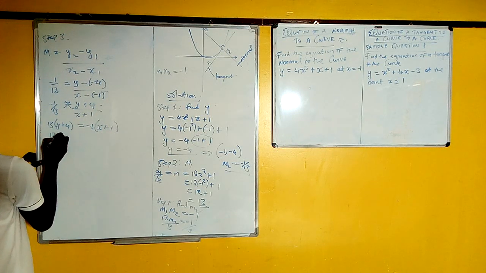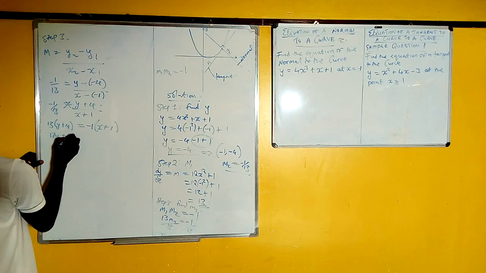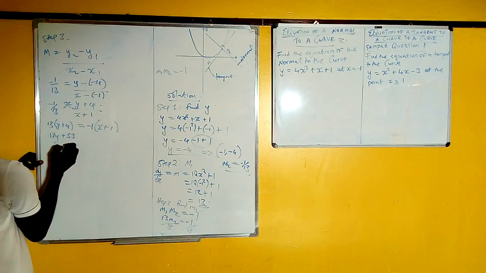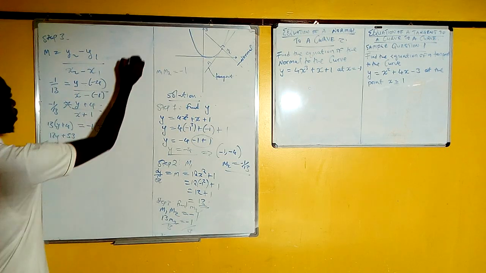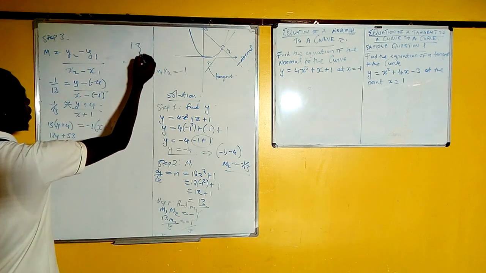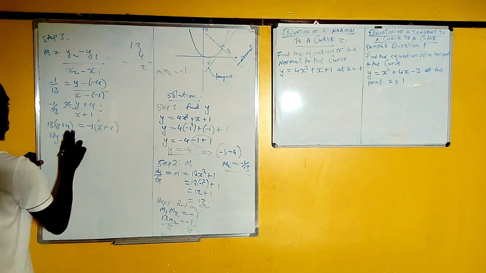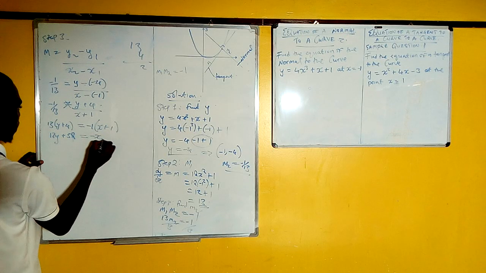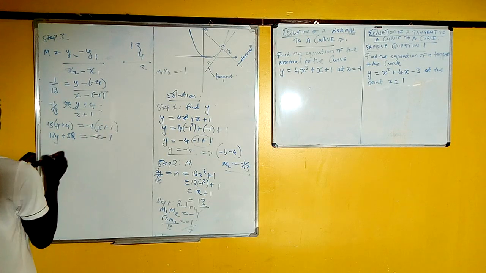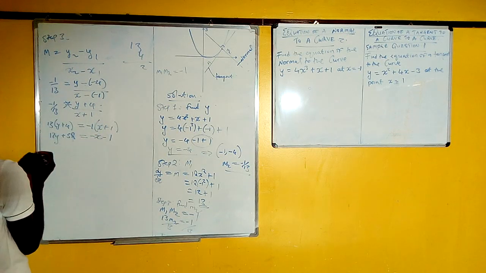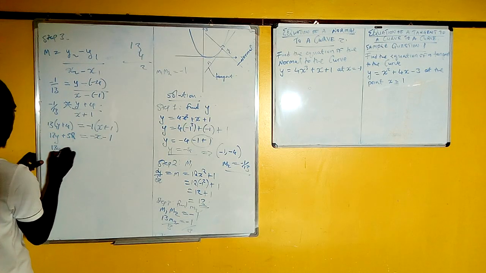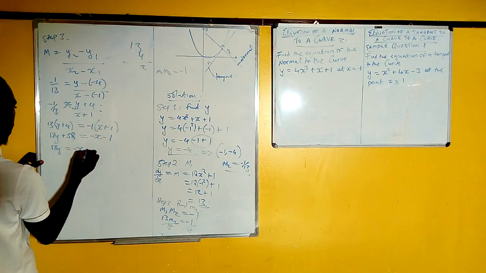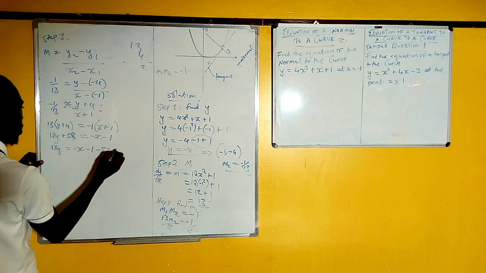So this one we have 13y, then plus, 13 times 4, we have 52, which is equal to -x, -1. So we group the like terms because y has to be on its own, so it will be 13y is equal to -x, -1, -52.